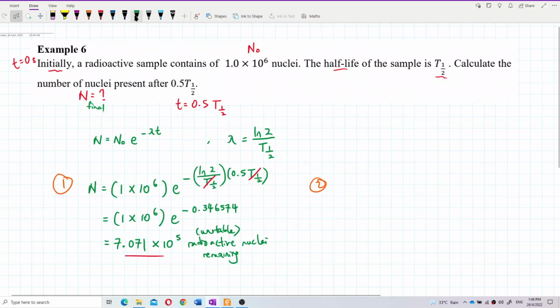So I use this method. I want to write it down first over here, the second method, and see whether I can get the same result.